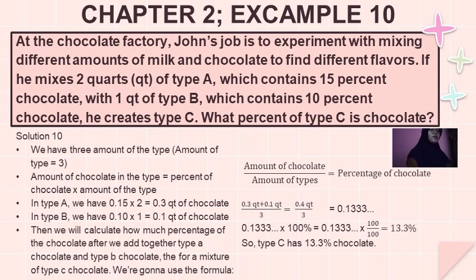Then we will calculate what percentage of chocolate there is after we add together type A chocolate and type B chocolate.